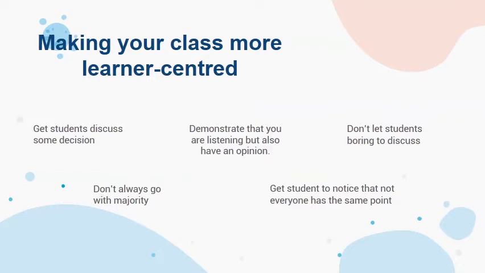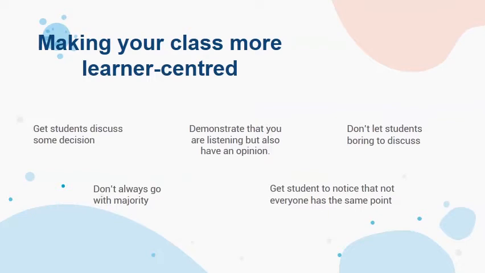Fourth is get students to notice that not everyone has the same point. Allow several students to give their view. Start by giving opportunity to the quieter and also the weaker students to share their thoughts, and then encourage the other students to get involved in it.